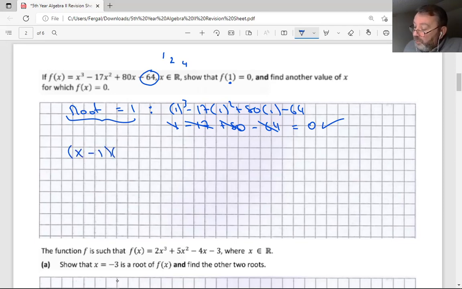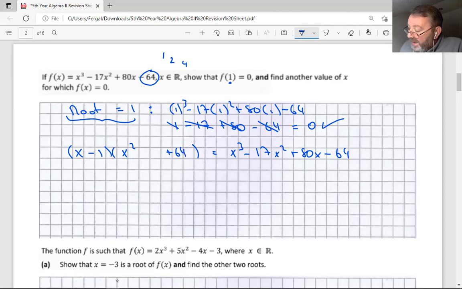And now we know that if I multiply x minus 1, which is linear, by a quadratic, I will get x cubed minus 17x squared plus 80x minus 64. I think this is the easiest way to do them. So, x multiplied by what gives you x cubed? Well, that's x squared. Minus 1 multiplied by what gives you minus 64? Well, that's plus 64.